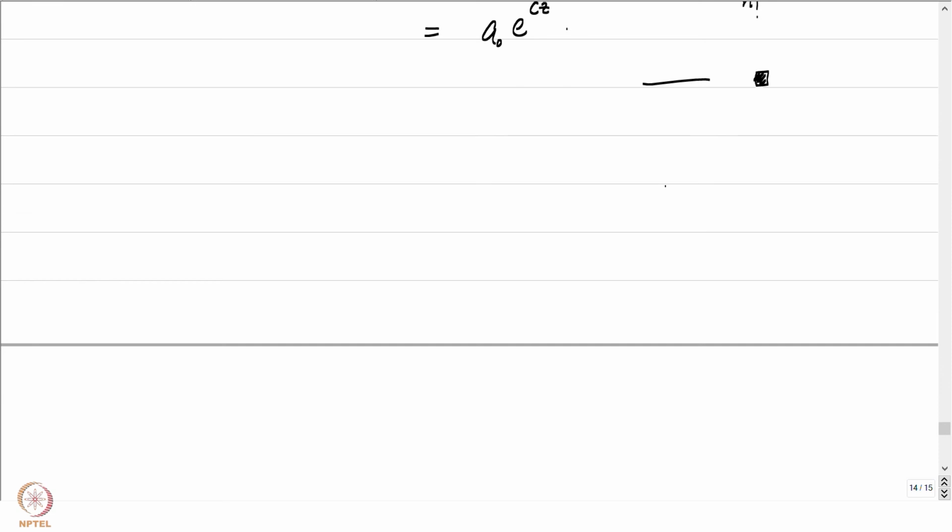In the next problem, we will show that if an entire function is bounded by a plus b times mod z to the power k, then it is necessarily a polynomial. Let me write it down.